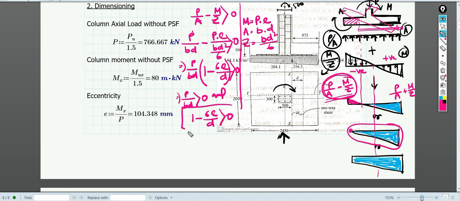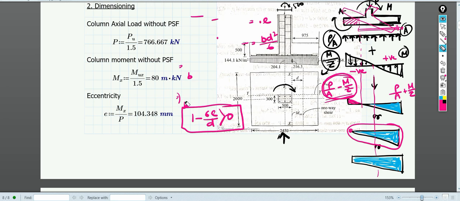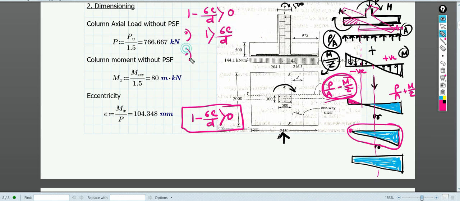Now we will concentrate on this. Just let me remove the other part. Now just concentrate on this: 1 minus 6e by d should be greater than 0, right? So if I put the 6e by d on this side, I have to add 6e by d to both sides, so it will be 1 should be greater than 6e by d, right?